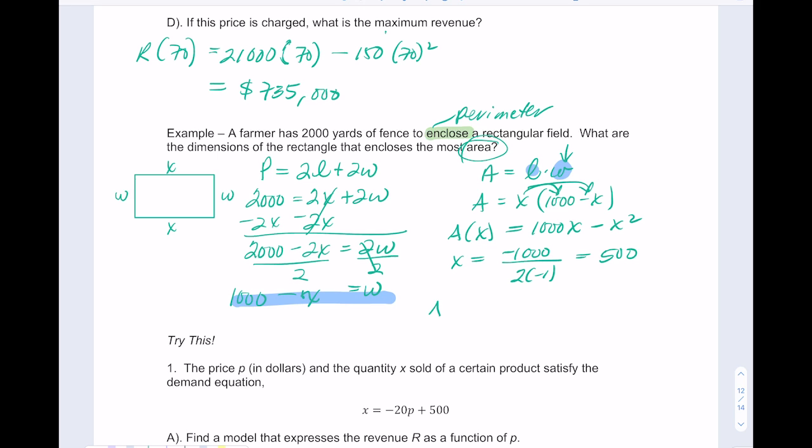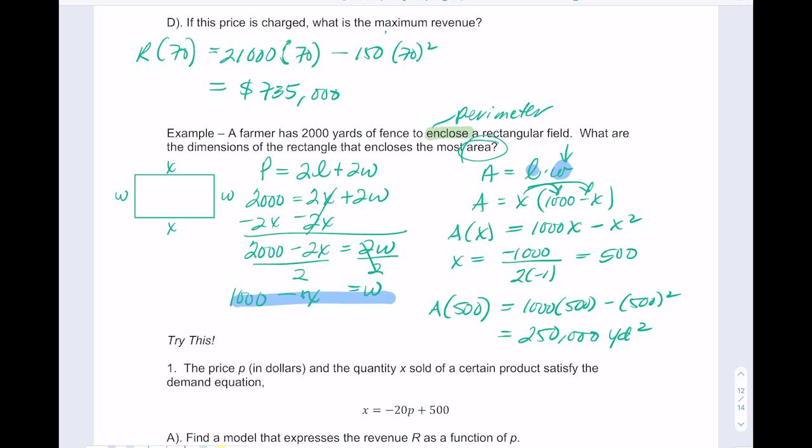So now I'm going to find A of 500. And when you work this out, you end up with 250,000. Okay, that would be the area, so yards squared, if each of the dimensions was 500 by 500.